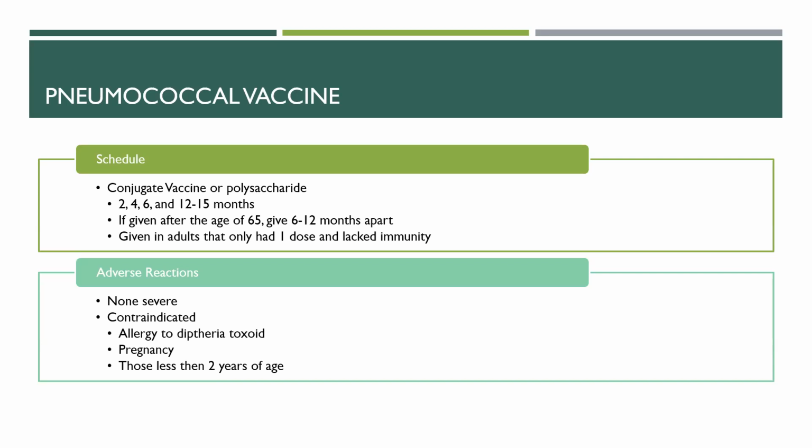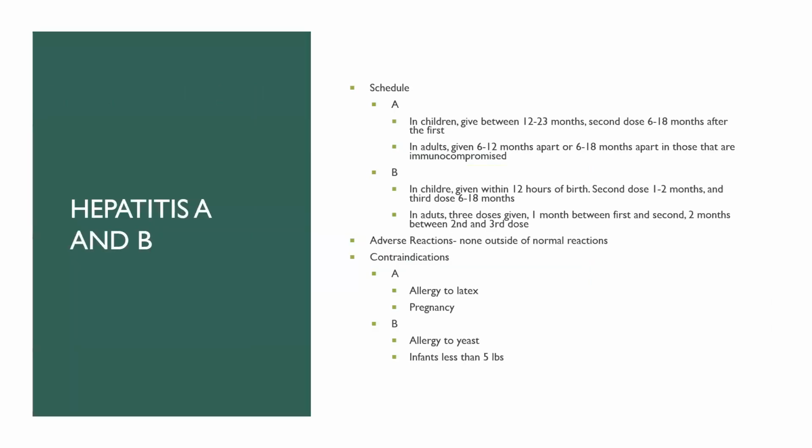We only give it in adults that have only had 1 dose or lack immunity to this virus. Adverse reactions are not very severe with this vaccine, but it is contraindicated in anyone that has an allergy to diphtheria toxoid, those that are pregnant or less than 2 years of age, if they're getting the one that's not made for infants.